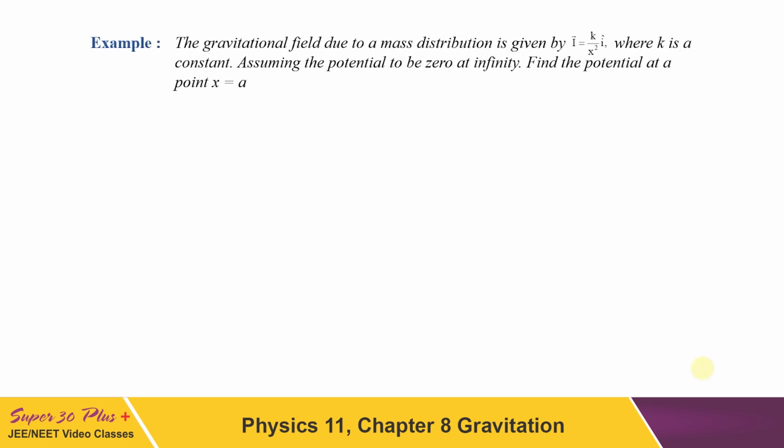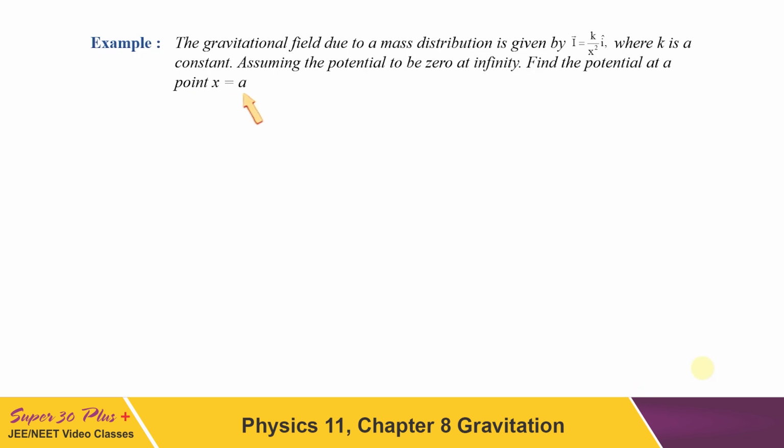One more example I have. The gravitational field due to a mass distribution is given by K by x square i, where K is a constant. Assuming the potential to be 0 at infinity, find the potential at a point where x is equal to a.